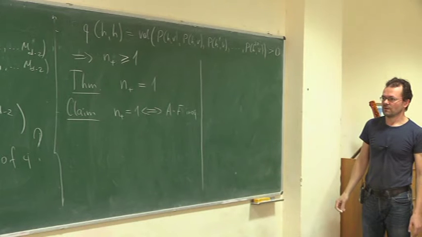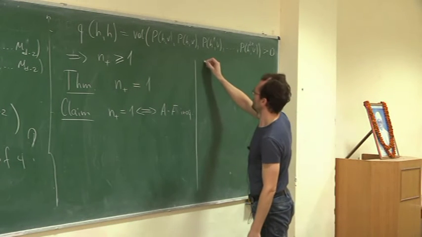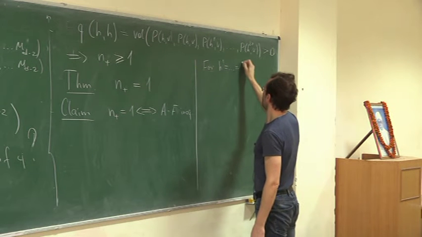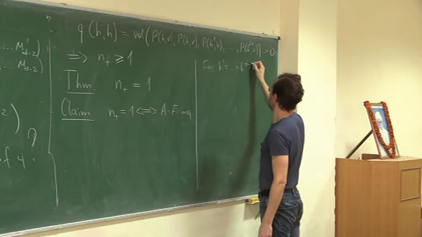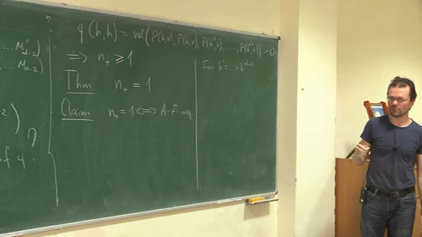Because if you take h_1 equal to through h_{d-2} equal to g, this quadratic form Q is in fact the second derivative of the volume.